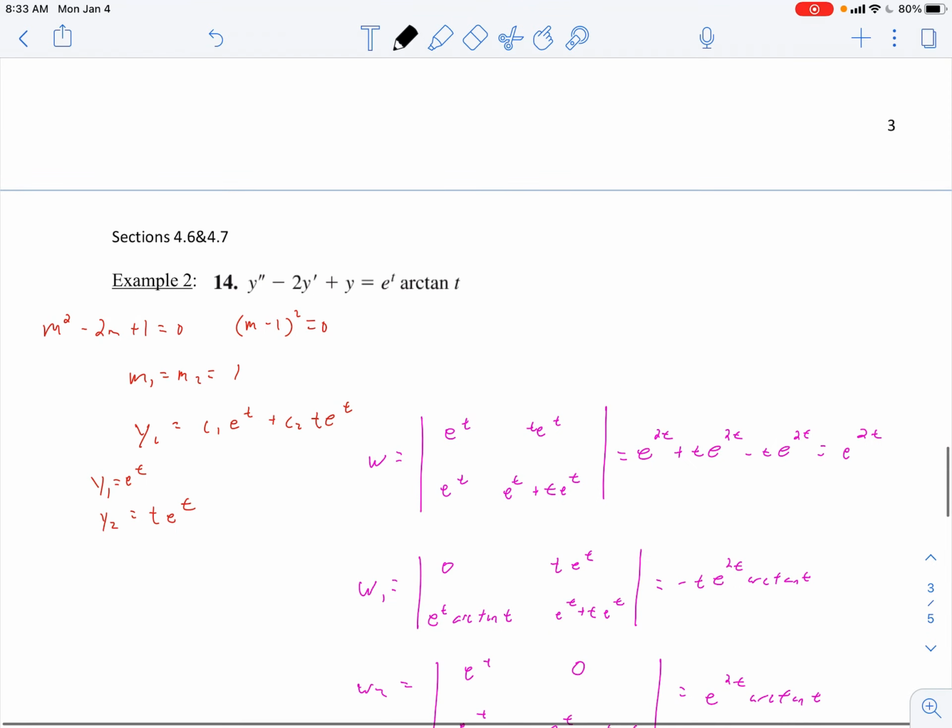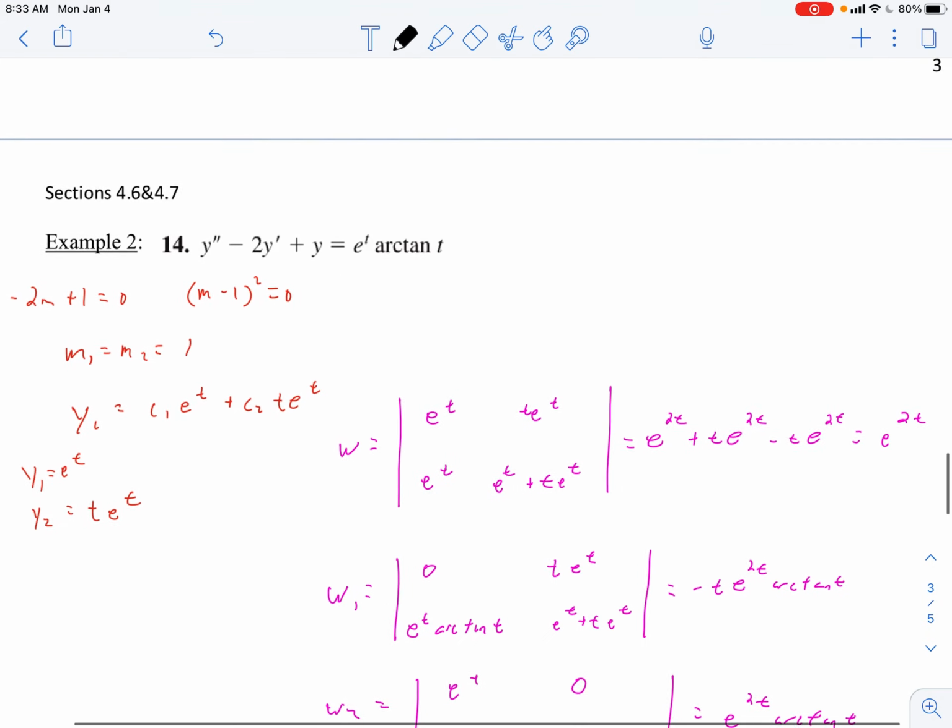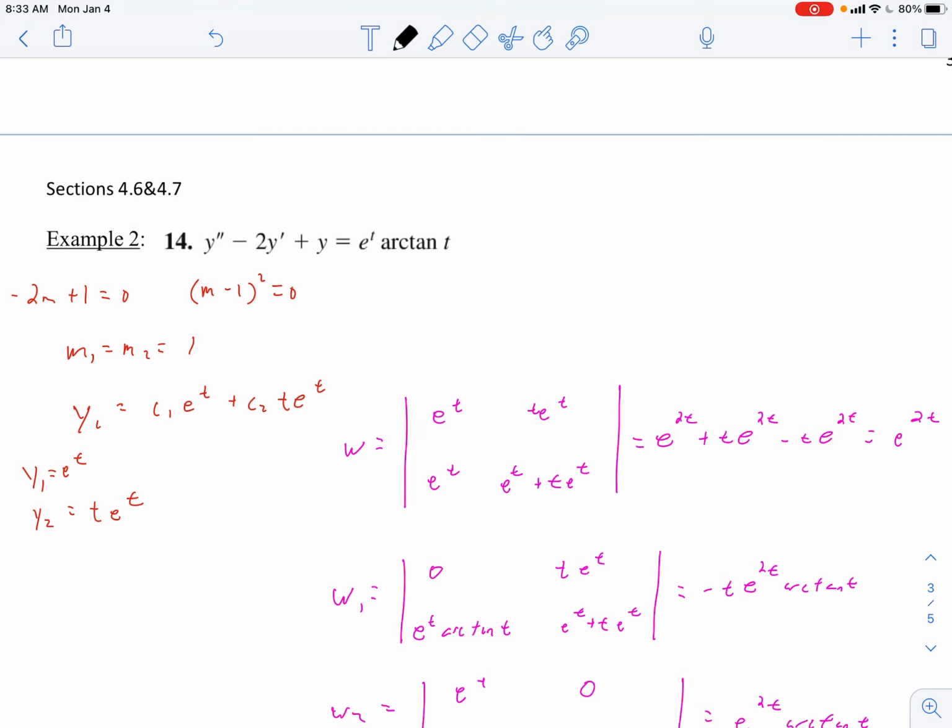When we set up the Wronskian for this, we're going to go ahead and write our y sub 1 and y sub 2's. So y sub 1 is e to the t, derivative of e to the t is e to the t. Y sub 2 is t e to the t, derivative of that is t plus t e to the t. So once we do that, we're going to multiply through.